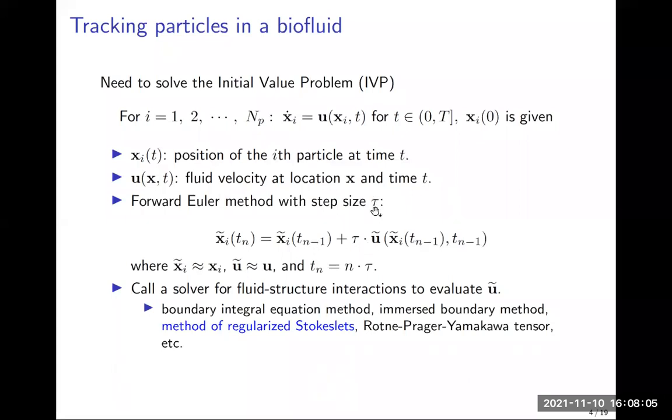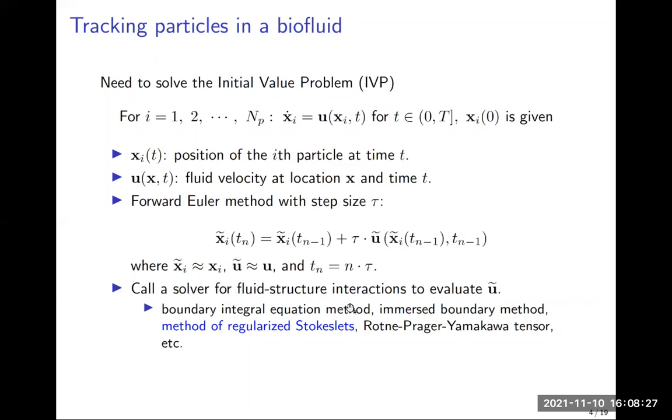Once again, tau here is the step size in time. And this is how you update the location of each particle. And this implies that at each step, you have to use a solver for fluid structure interactions to evaluate the velocity here.